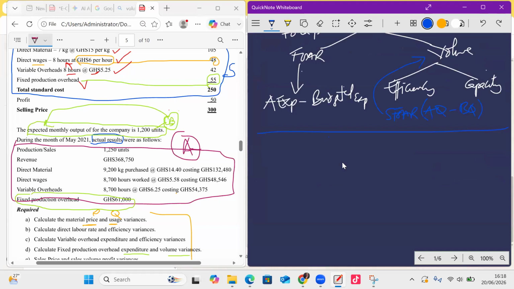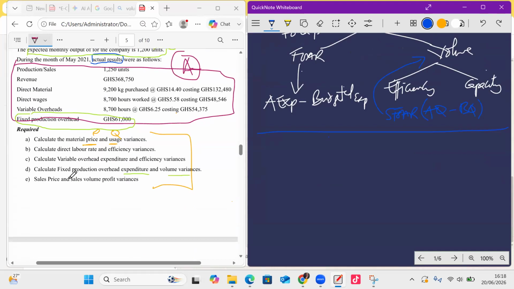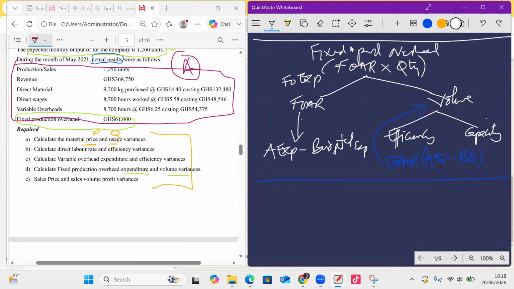Now, let's go to the last part of it: sales price and volume profits variances. This is called the fixed overhead expenditure variance.